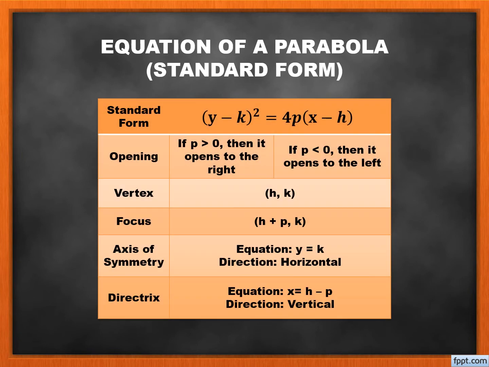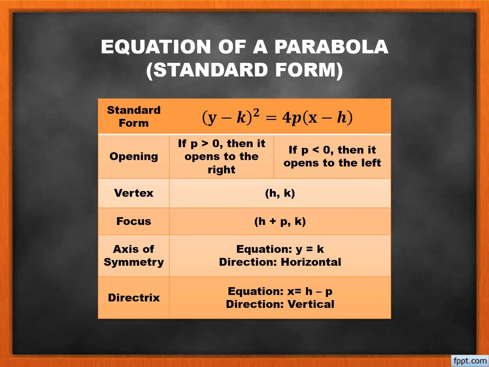Now, let us have the next set of the equation of a parabola. In this case, our standard form is (y minus k) squared equals 4p times (x minus h). Remember that in this set of standard form of the equation, the variable having the square is our y.